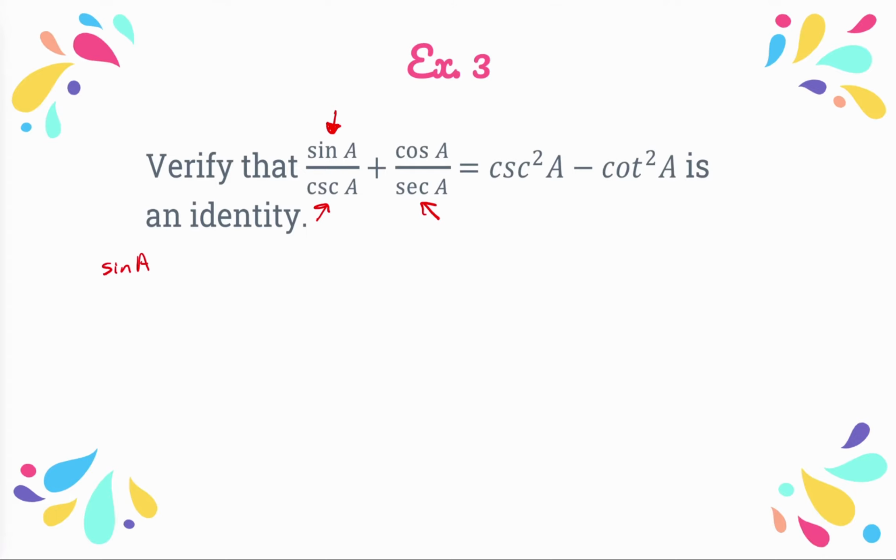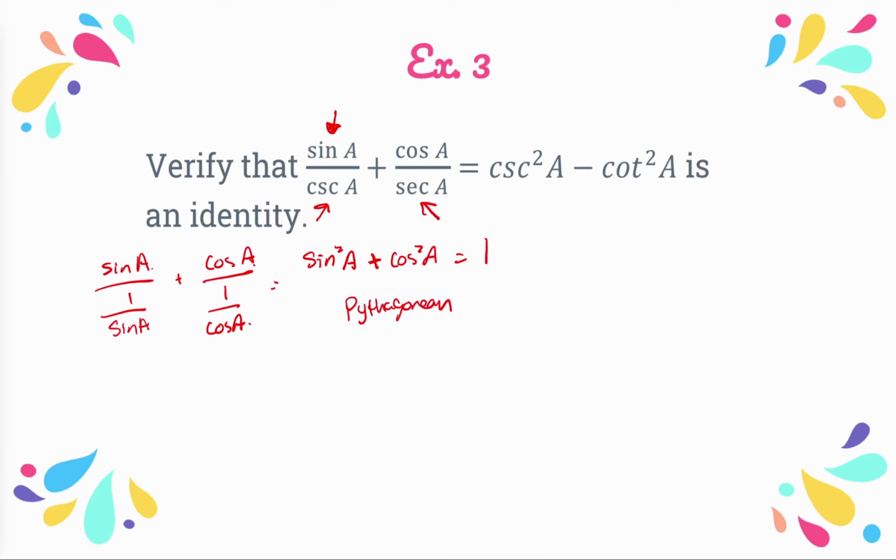So this is sine A over 1 over sine A plus cosine A over 1 over cosine A, which means that we multiply sine A by sine A to get sine squared A, and we multiply cosine A by cosine A to get cosine squared A. So we get sine squared A plus cosine squared A, which according to the Pythagorean identity is equal to 1.